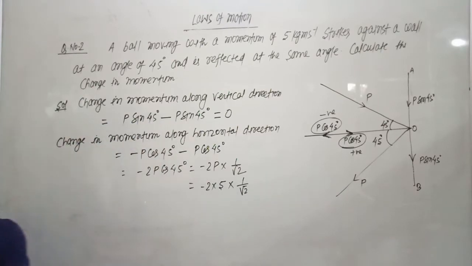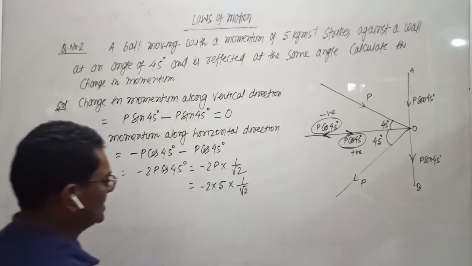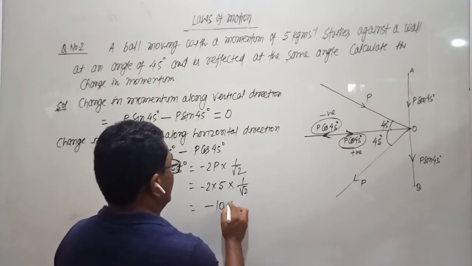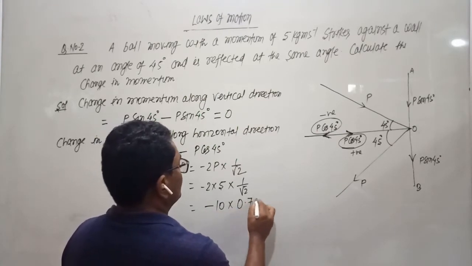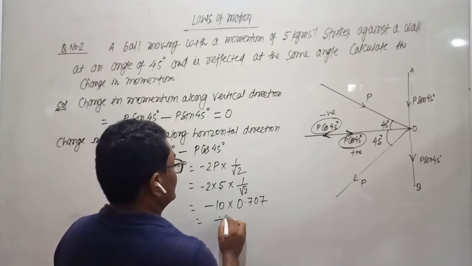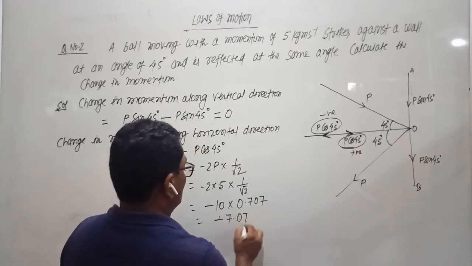The value of 1 by root 2 is around 0.707. So minus 2 into 5 means minus 10 into 0.707, which is minus 7.07.